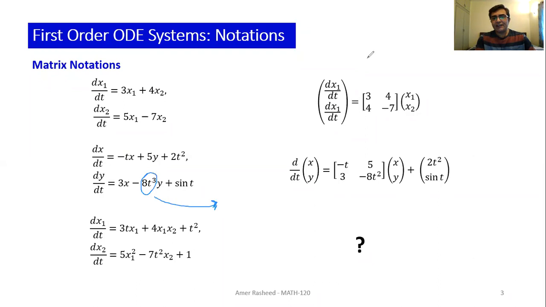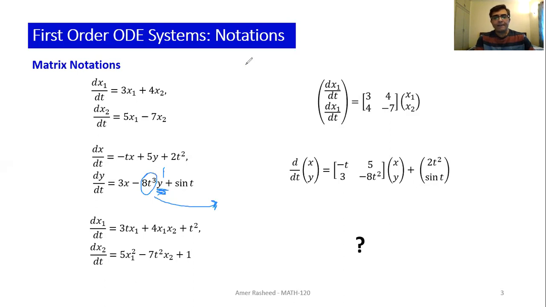Linearity and non-linearity of differential equations we discussed in the previous lecture. It depends on the dependent variable, not on the independent variable. So the degree of the dependent variable y is 1 here. We don't look at the degree of the independent variable. So t is the independent variable.